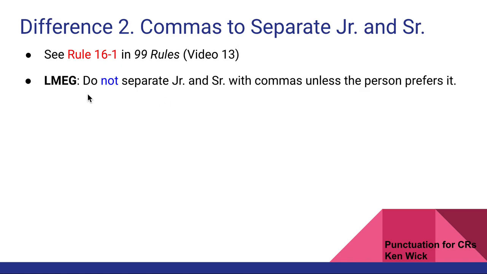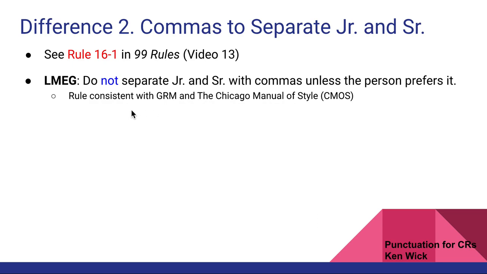LMEG does not separate junior and senior with commas unless a person prefers it. That's the exception. So basically no separation with commas unless it's preferred. And this rule is consistent with the Gregg Reference Manual and the Chicago Manual of Style. Just a note. But the BGGP says separate junior and senior with commas.